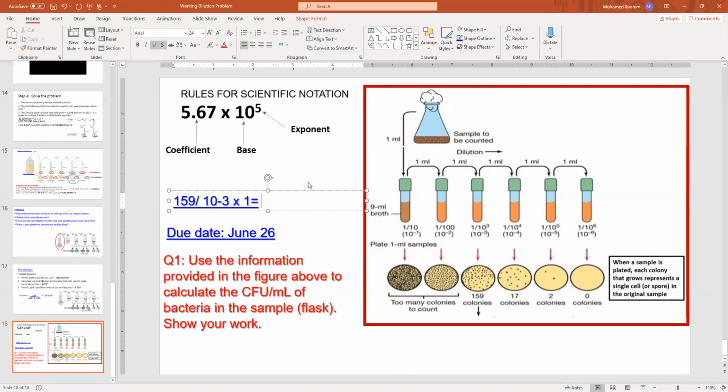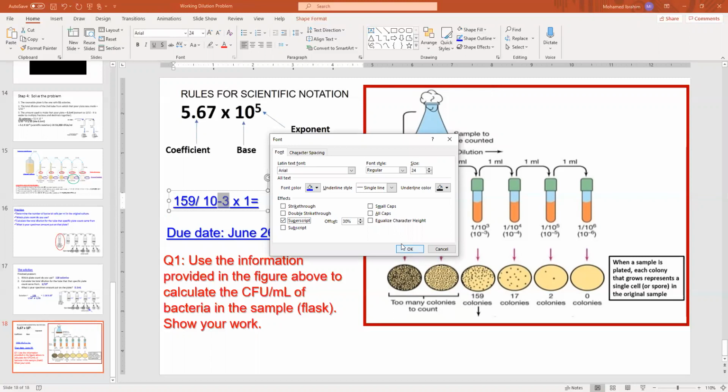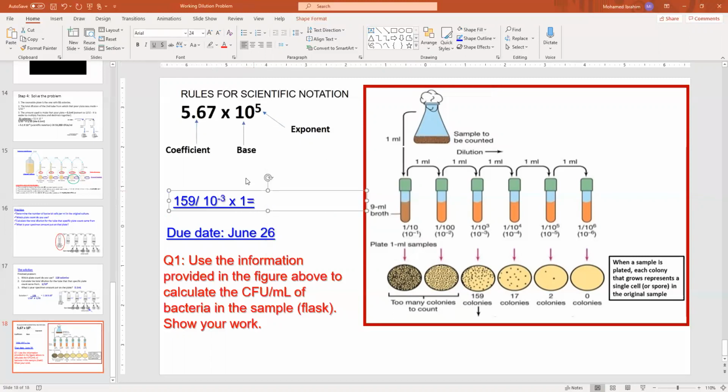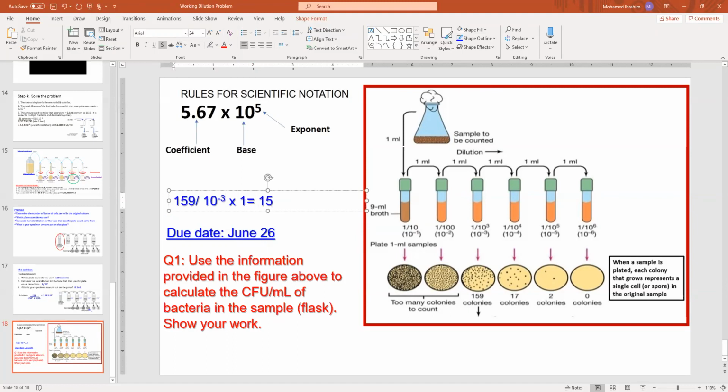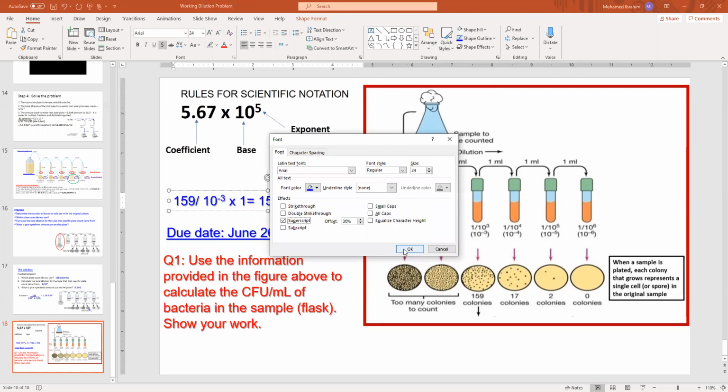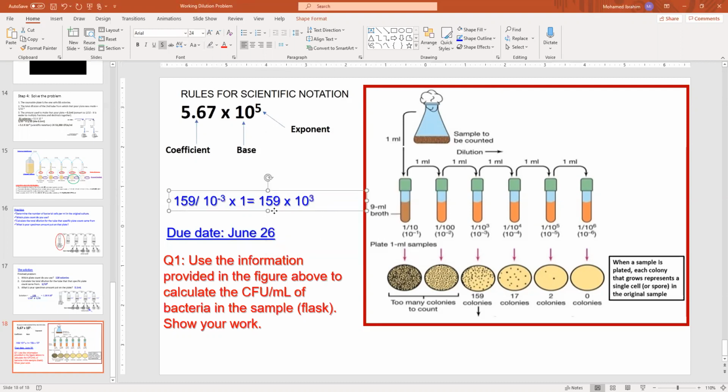So 10 to the negative 3 times 1, if you look at this, the second step will be 159 times 10 to the power of 3 now, okay? Because now you change the sign.